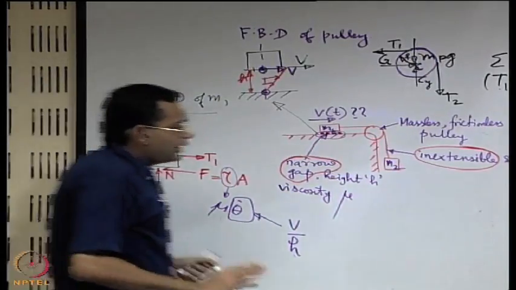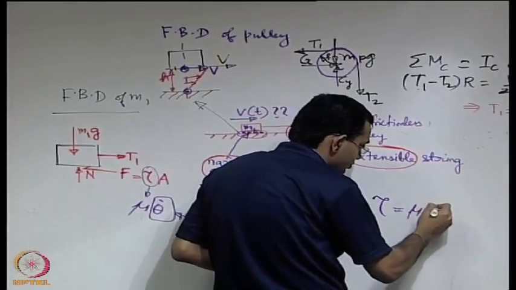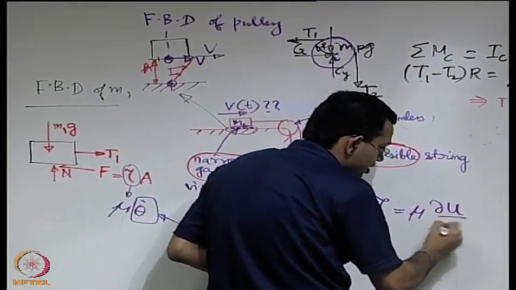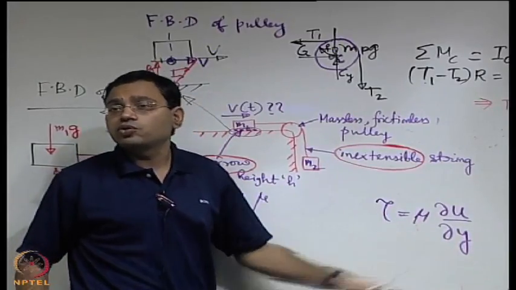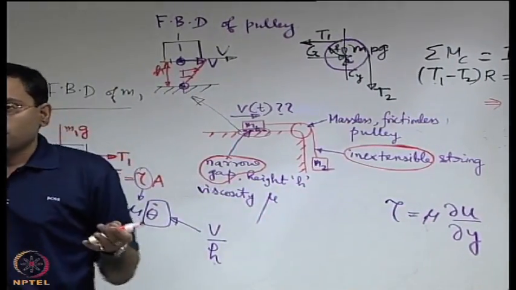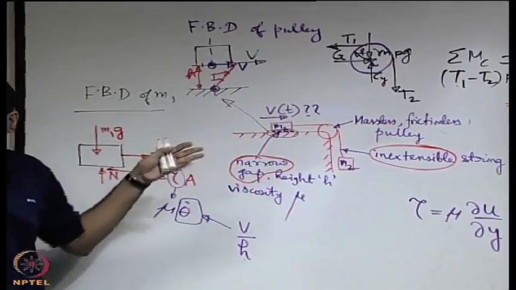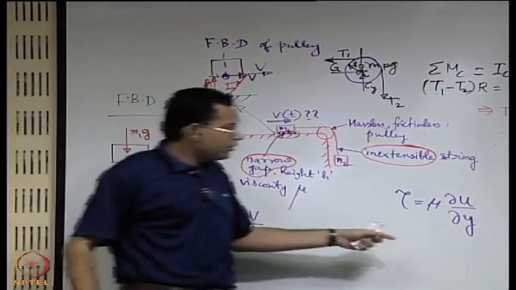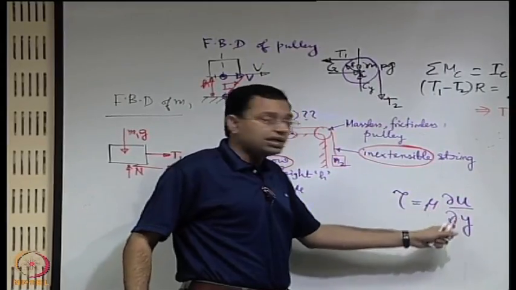So, the very important understanding is that we are using tau equal to some mu, and it is better to say that it is a partial derivative of u with respect to y, because u could be a function of many other things. Here of course u is a function of time, but no space coordinate, so still it is like a partial derivative.